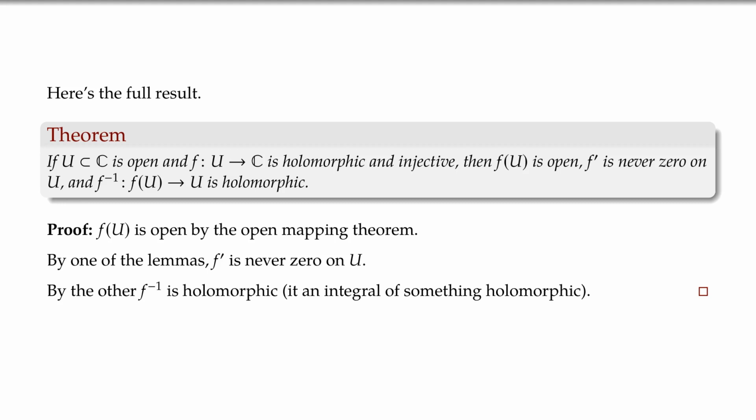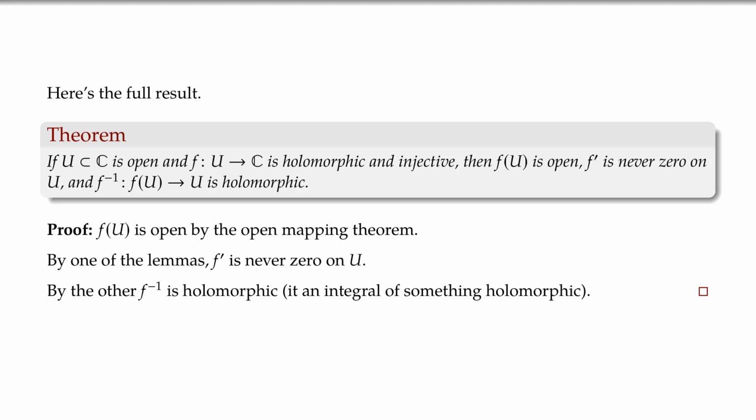So this is the main idea of this section that we're covering, 5-6 in the notes. If I have a holomorphic injective map, then the image of U is open, so I have a function defined on an open set.